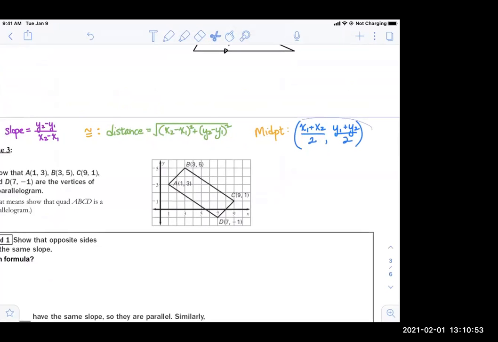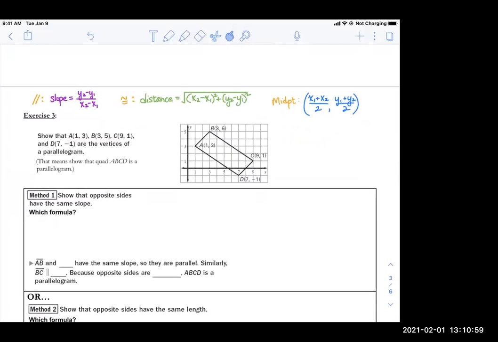Those are the formulas that you need for today. Everything here relies on either slopes to show parallel, distance to show congruent, or midpoint to show that two segments have the same midpoint.